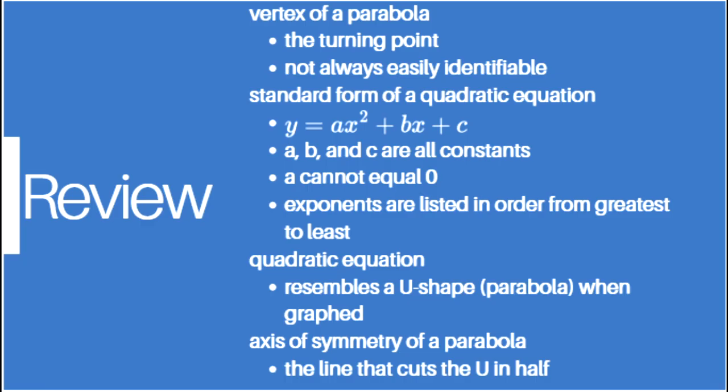A, b, and c are all constants. A cannot equal 0, and exponents are listed in order from greatest to least. If you do not have this formula memorized, you need it in your notes. A quadratic equation resembles a U-shape parabola when graphed, and the axis of symmetry of a parabola is the line that cuts the U in half.